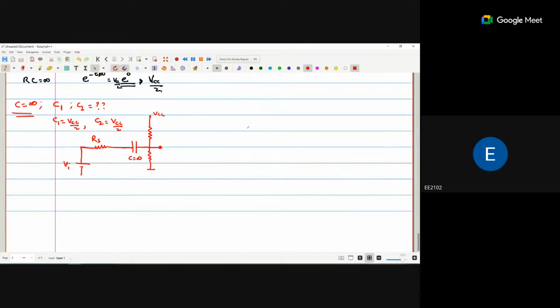One voltage is VCC by 2. But because of this input voltage we are also getting some voltage. If we consider this Vin, this is grounded, this one is also grounded, and this point is shorted. So these two resistances, say RX and RF, will be in parallel.